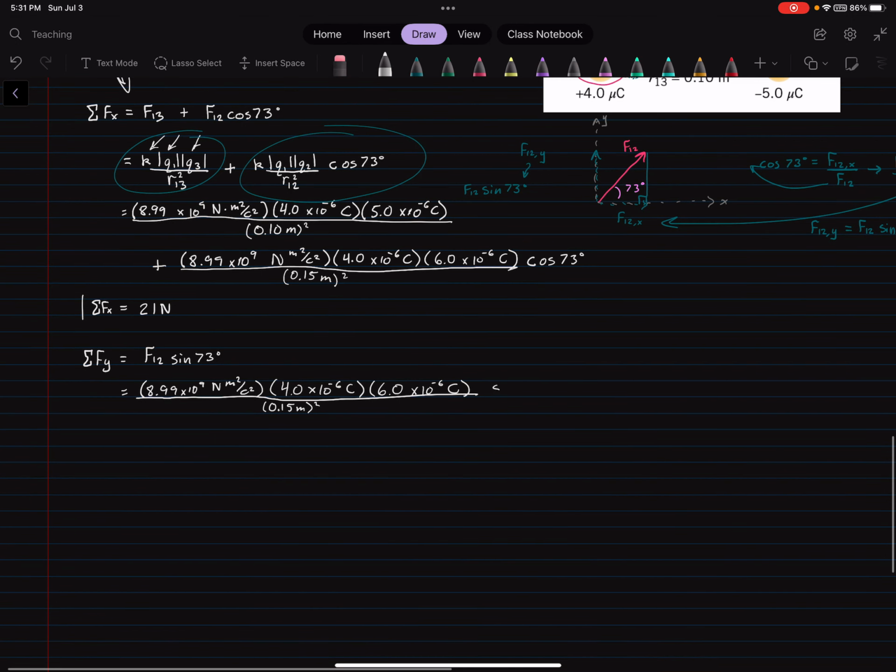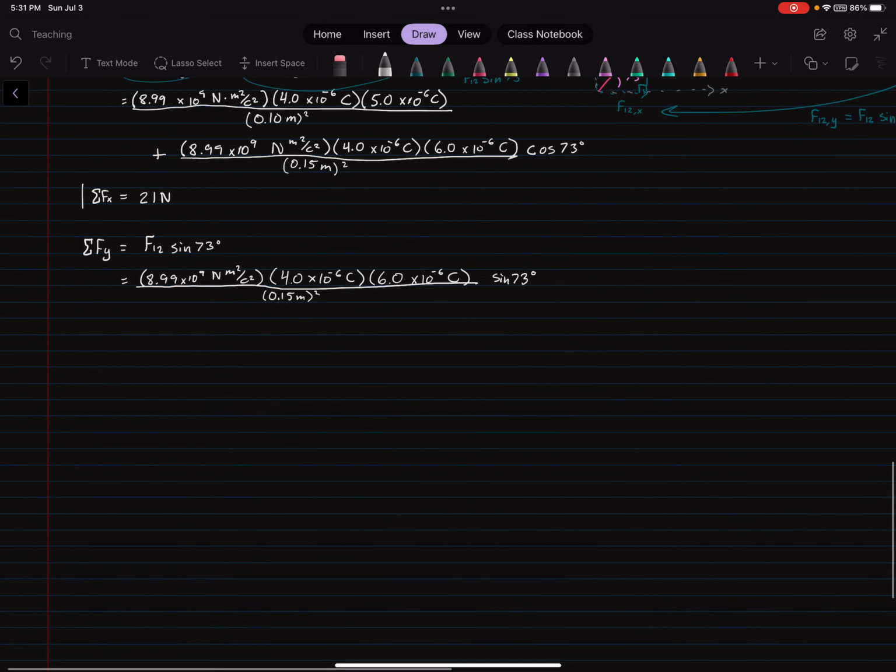And the last thing is that sine of 73 degrees. So if you calculate that out, making sure to include the square that I forgot to write down before for our sum of the forces in the x, you should find that you get 9.2 newtons.